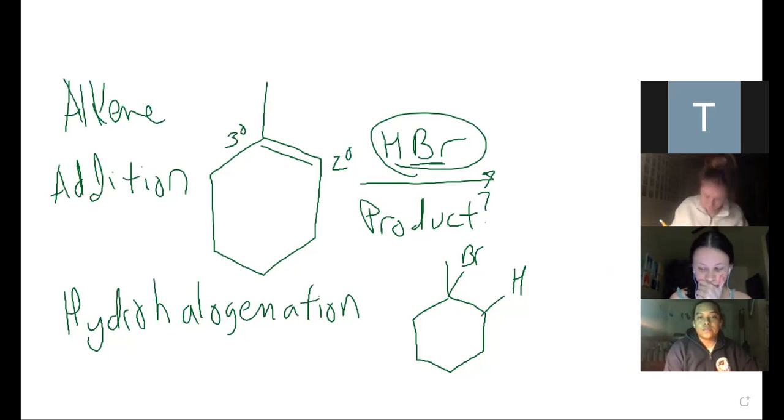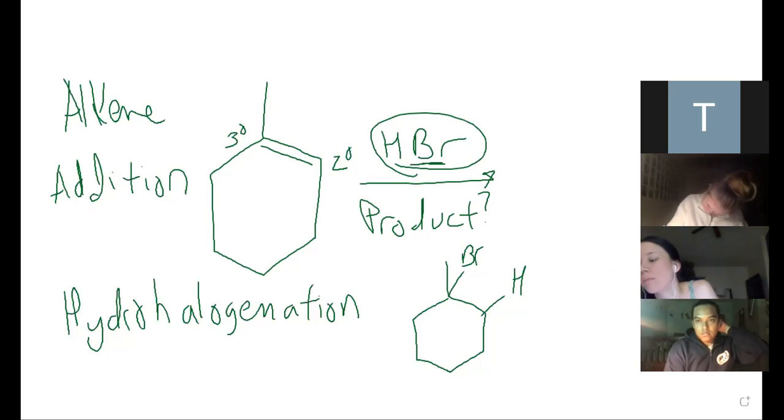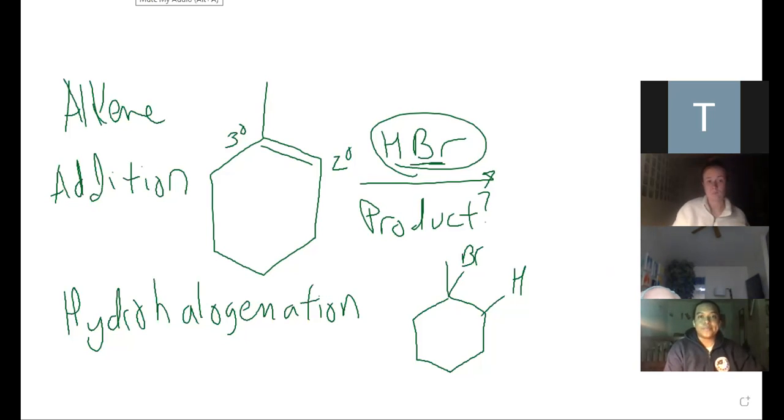In an elimination reaction, we form an alkene, we form a double bond. In alkene additions, we are essentially getting rid of the double bond. We are adding stuff across it, right? So in particular, this is a hydrohalogenation. That's this specific one. Does that make sense?